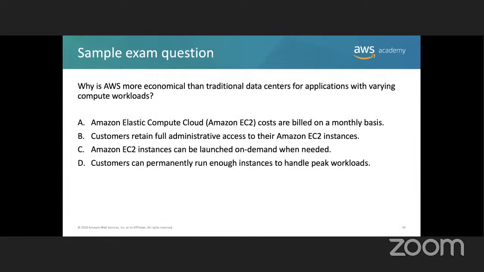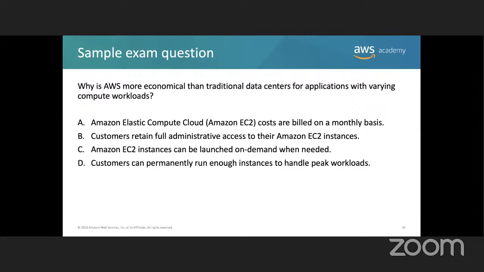A sample question, for example: what do you think is the answer here? Why is AWS more economical than traditional data centers for applications with varying compute workloads? What is the answer?